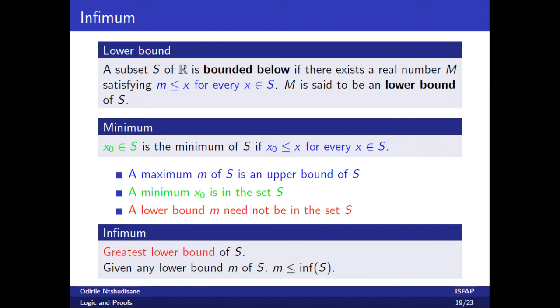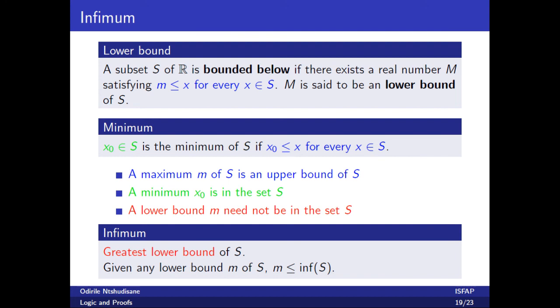Recall that a lower bound, small m, is an element of the reals which is less or equal to every element of S, and that the minimum of S is an element x naught which is less or equal to every element of S, and that the difference between the minimum and a general lower bound is that the minimum is a lower bound that is in addition an element of the set S, whereas a simple lower bound need not be an element of the set S. Now the infimum is the greatest lower bound of S.